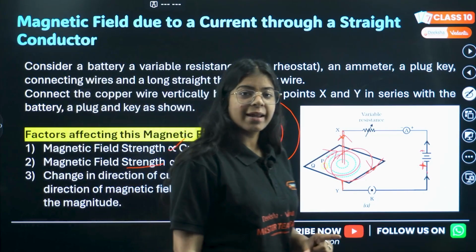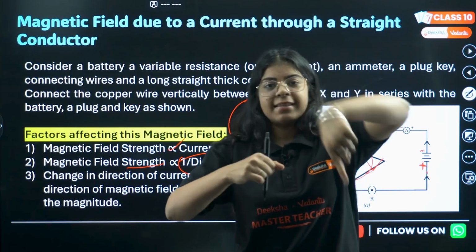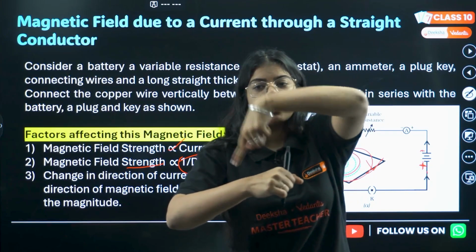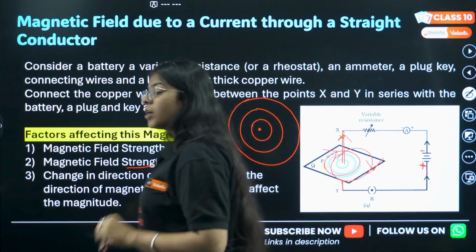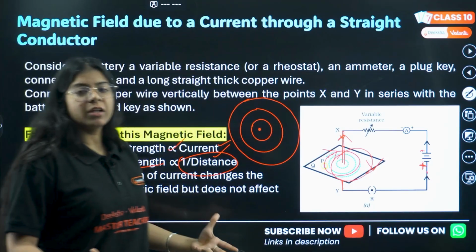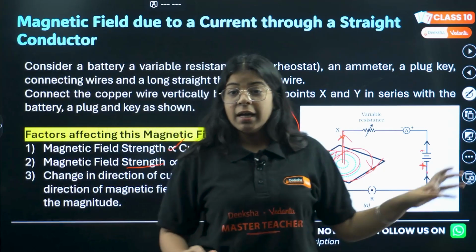Instead of revolving like this, my magnetic field lines will start revolving like this, but they will be of the same strength. Their strength will not increase or decrease.